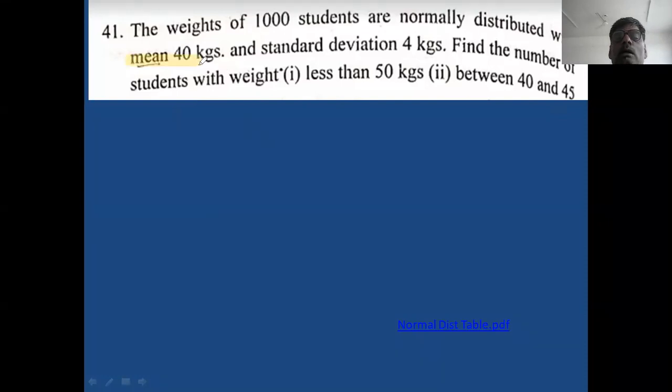The mean is 40 and standard deviation is 4. The parameters of a normal distribution are mean and standard deviation. Mean and standard deviation are given in the problem.